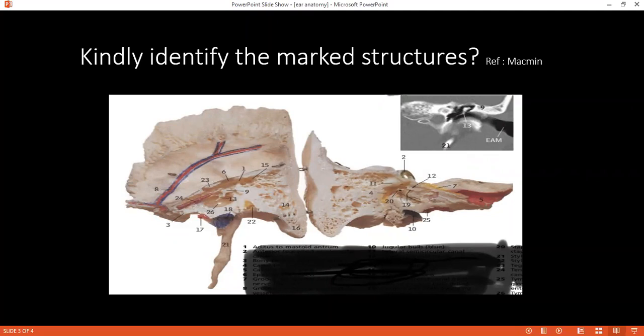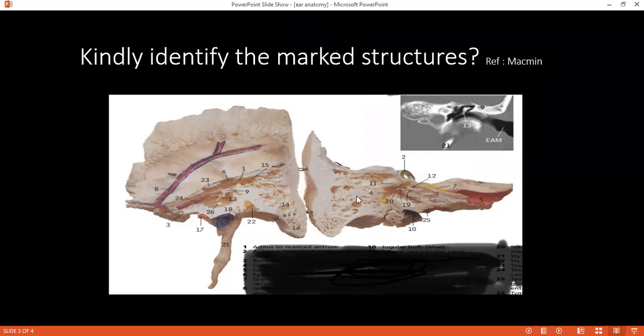Acoustic neuroma, which occurs due to damage to the vestibulocochlear nerve, and... Pass, ma'am, no idea about the tumors.